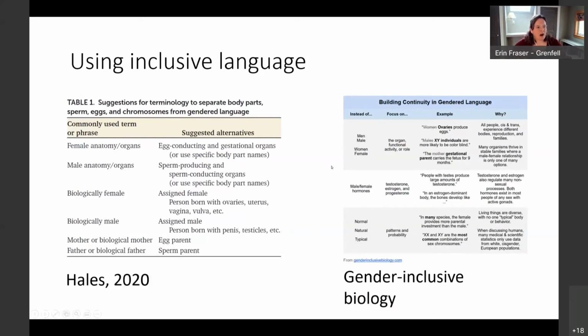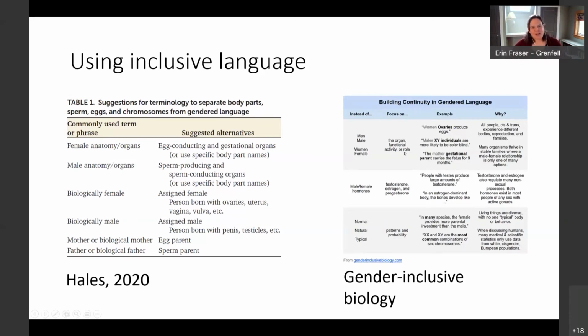I mentioned that often words like female, male, woman, man, mother, father are used in ways that carry a lot of assumptions. And so the Gender Inclusive Biology resource really advocates that instructors think about what they are specifically talking about, and then focus on that. So are we talking about an organ, an activity, a role?